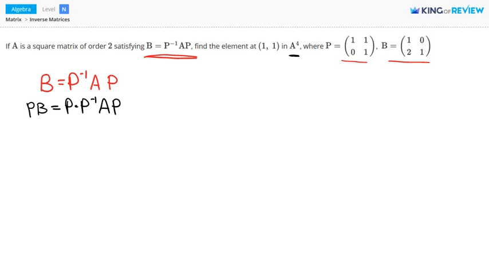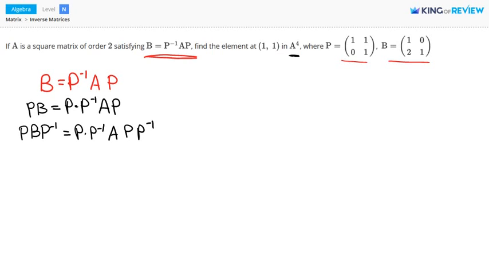And now I'm going to multiply by P inverse on the right side of each side of the equation. So I have P times B times P inverse equals P times P inverse A times P inverse.